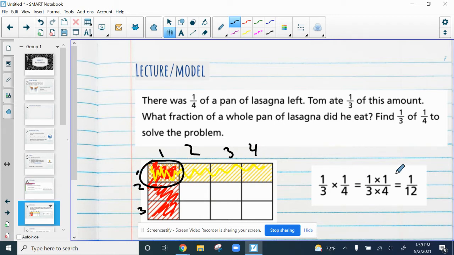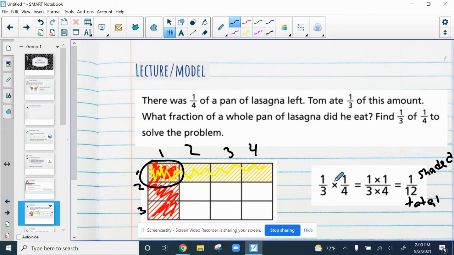I see that there are 12 total pieces, and one of them is shaded when I do out this model. So that is going to mean that Tom ate 1/12 of the pan, because that one piece out of 12 has both parts shaded.